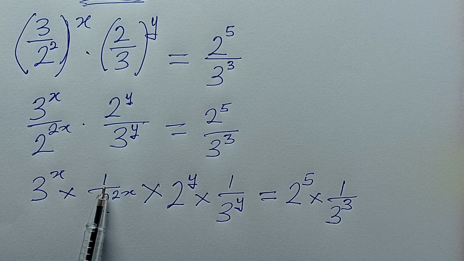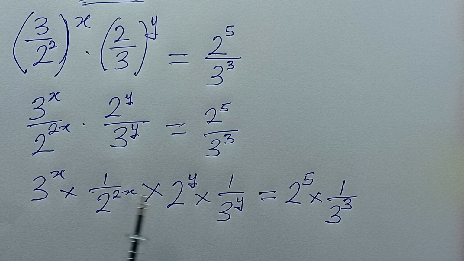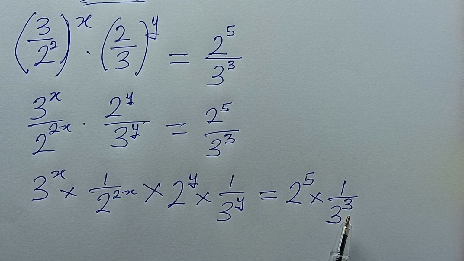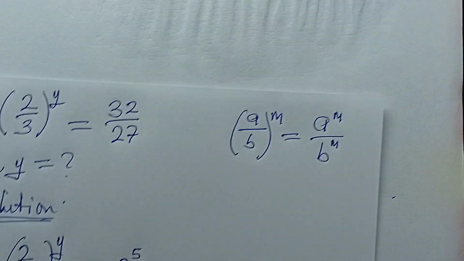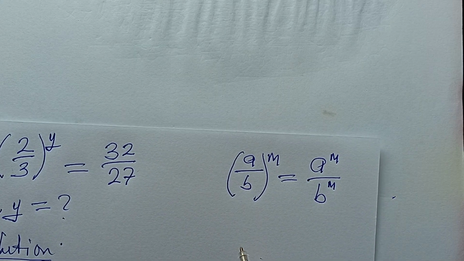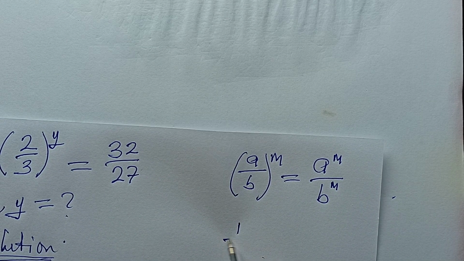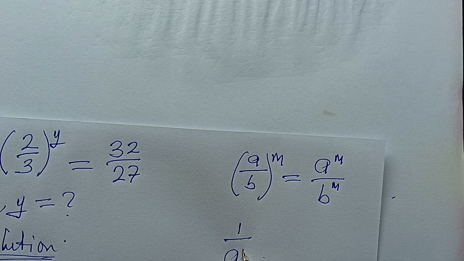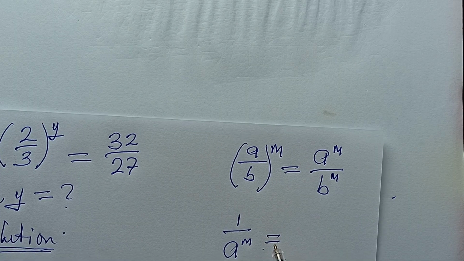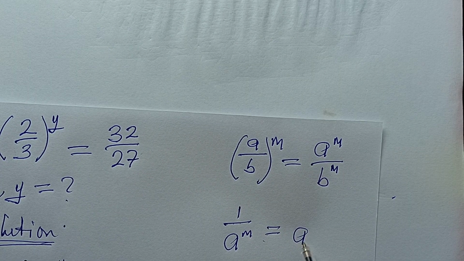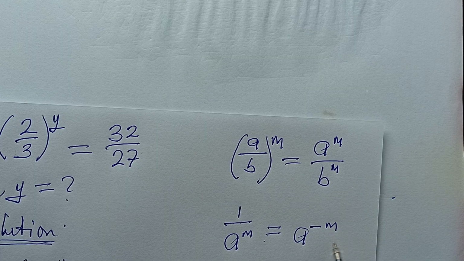So from here, what we do is this. We just have to eliminate this 1 and this division sign. We do same here, we do same here. We apply the law which says that when you have 1 over a^m, this is equal to a^(-m).